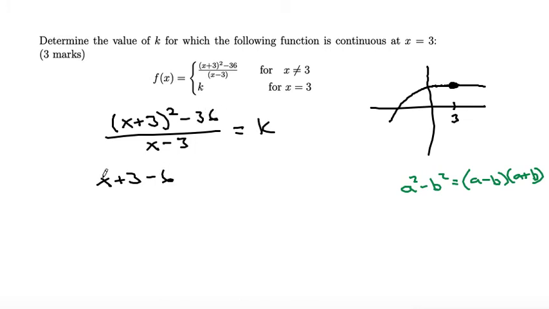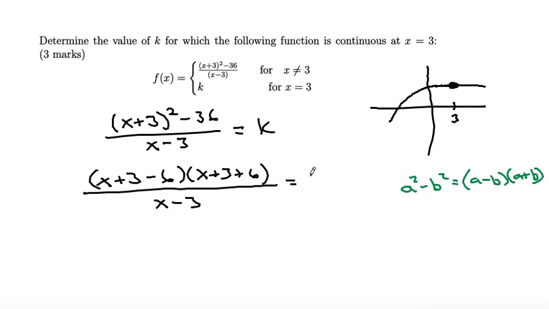So minus 6, that's our first parentheses. And then the second parentheses would be the first thing, which is x plus 3, plus the second thing, so that would be the 6. So using the difference of squares formula, I factored the numerator.